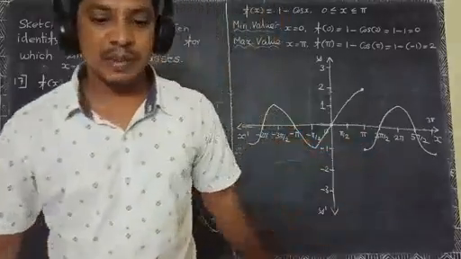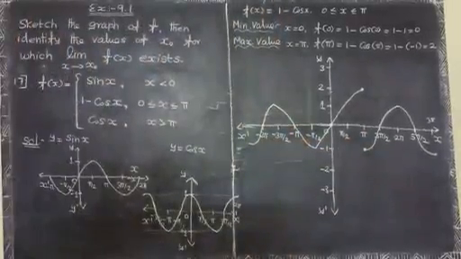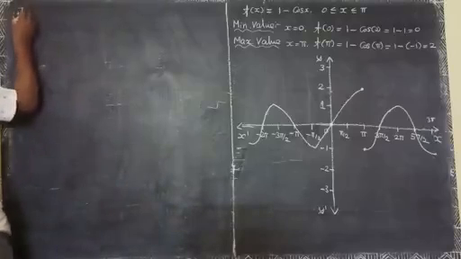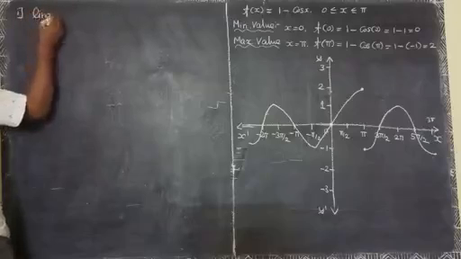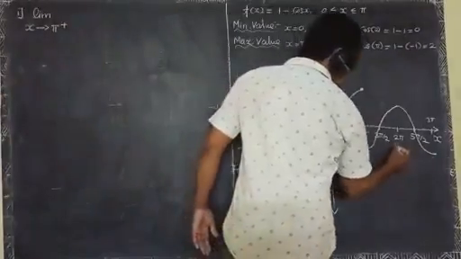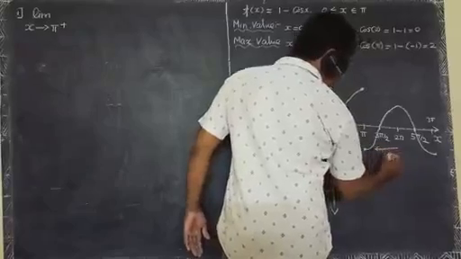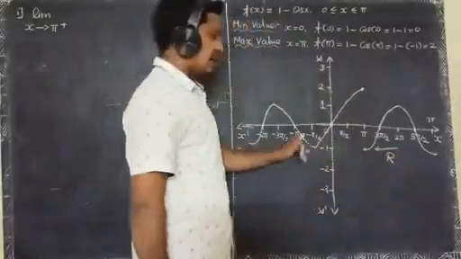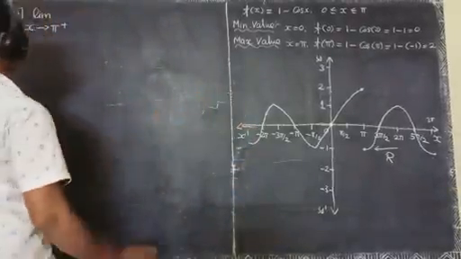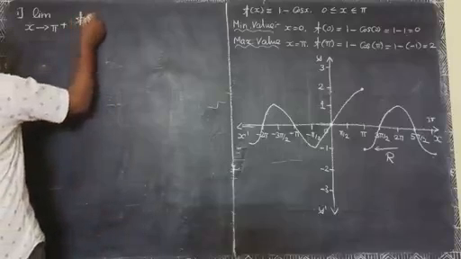Now the statement: limit as x approaches pi plus means x approaches pi from the right side, that is x greater than pi, f of x.